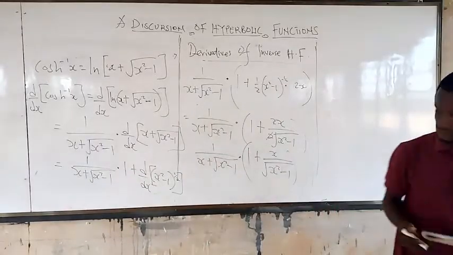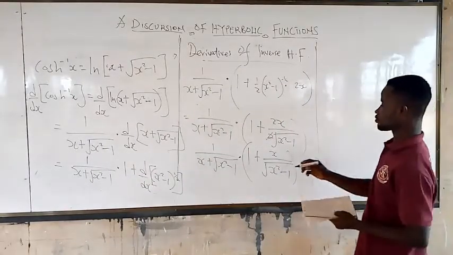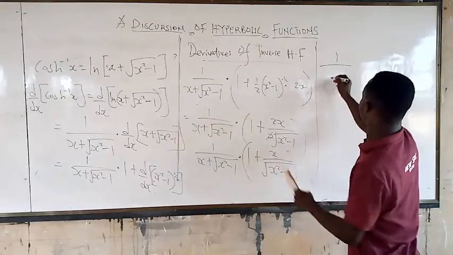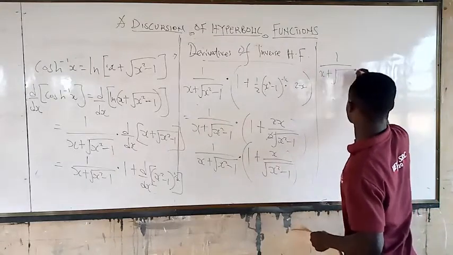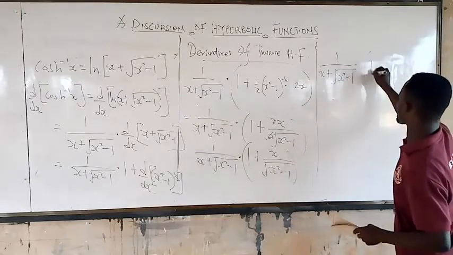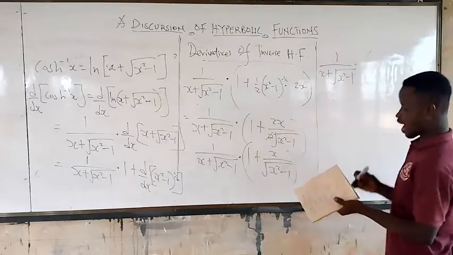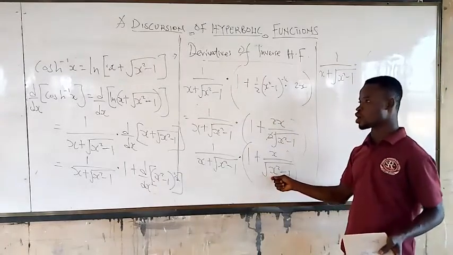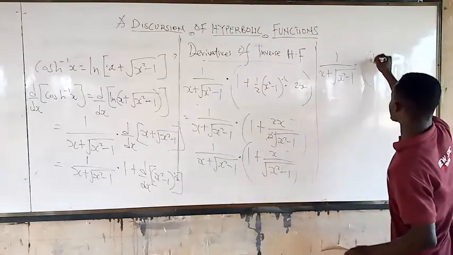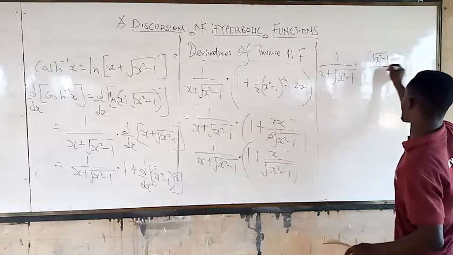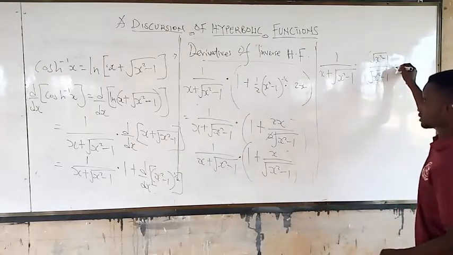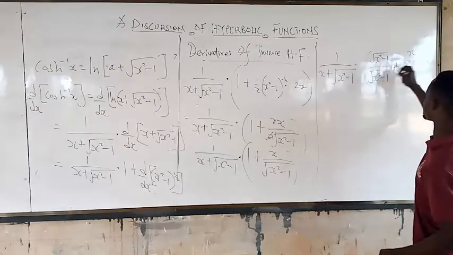Alright, so having this, we are going to manipulate this with algebra. We get 1 over x plus square root of x squared minus 1 multiplied by 1. Now the 1 here, because I want to achieve the same common denominator, I will multiply by square root of x squared minus 1 over square root of x squared minus 1. You see, this is the same as the 1 here.